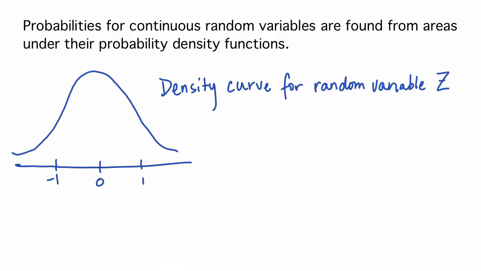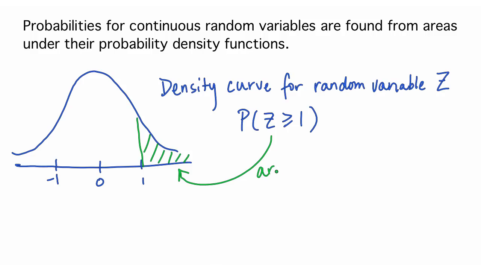If we want to find the probability that our random variable is greater than 1, say, we want the area under this density curve that is 1 or more. That is, the area under the curve to the right of 1. In this video, we're learning how to find this area from a normal probability table.